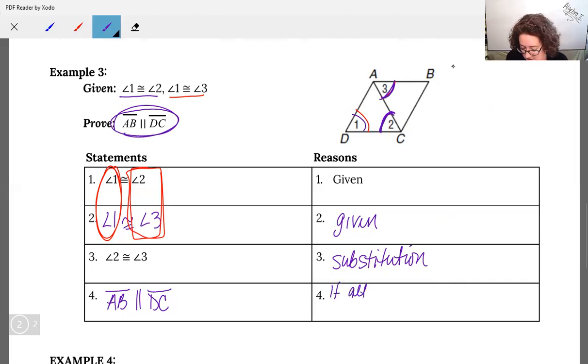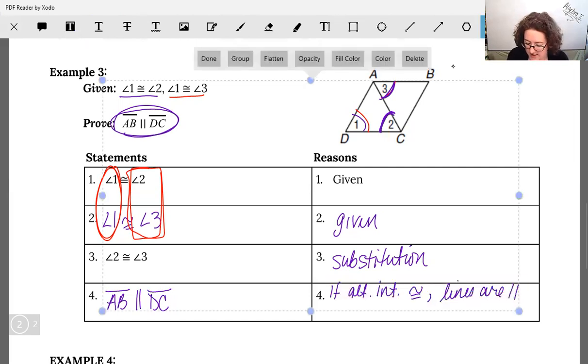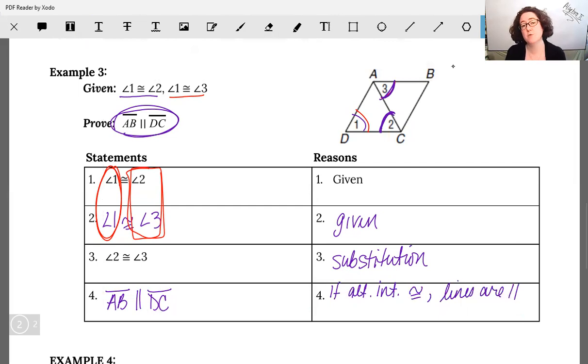So if alternate interior are congruent, lines are parallel. Again, abbreviating a little bit, but there's nothing wrong with doing that. In the proofs that you're going to practice with, it will have your statement completely written out for you. But if you're writing things out, you're more than welcome to simplify things a little bit. Okay, one more proof.